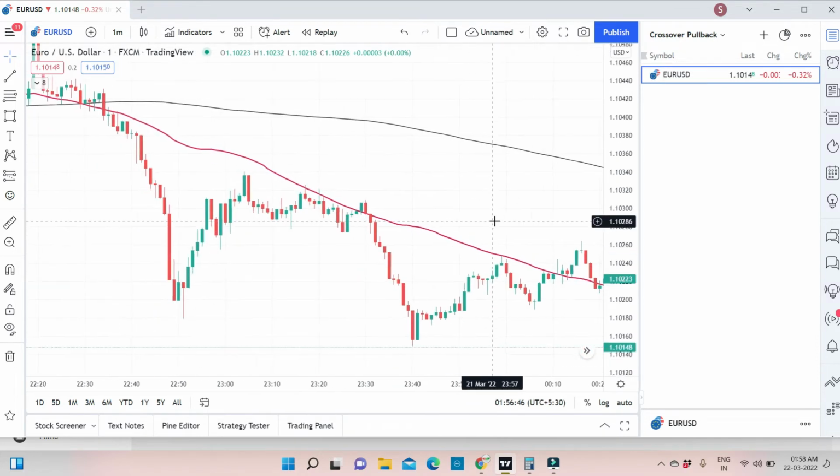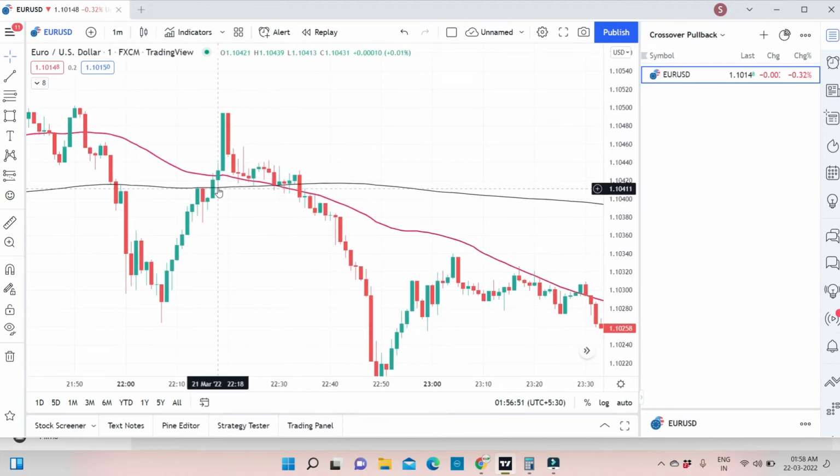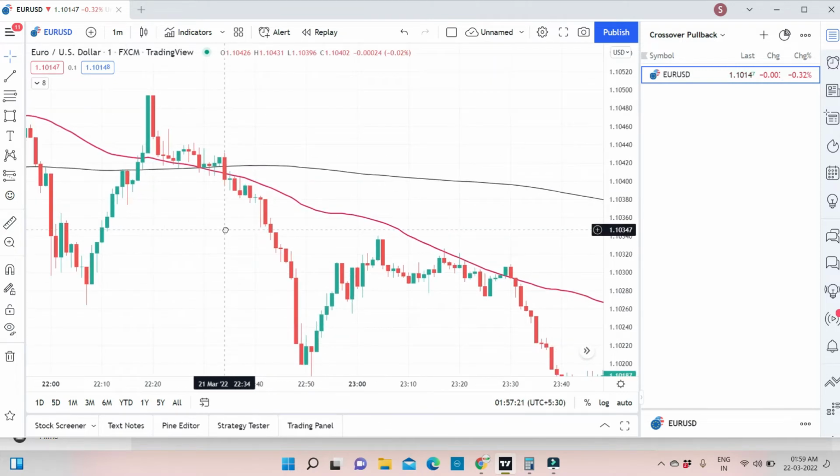Now when are we going to take the trade? That is more important. Over here, whenever the 50 moving average line, which is the dark pink line, crosses below the 200 moving average line, we are going to be alert.